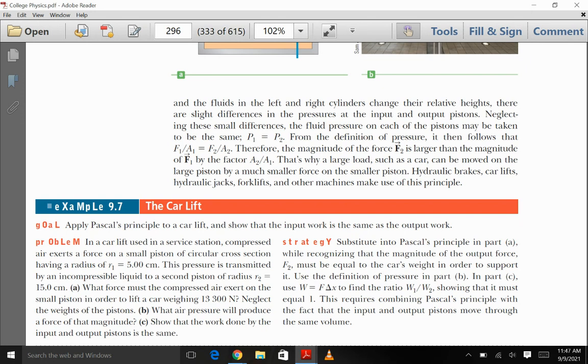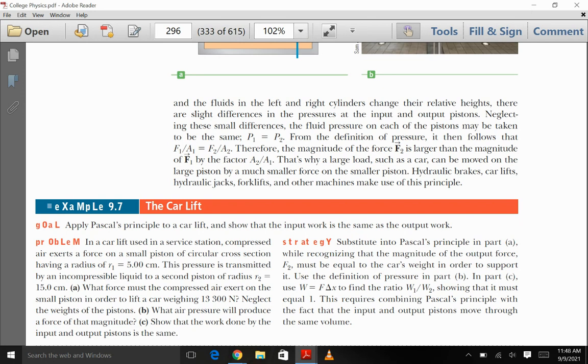Okay, so what force must... I think I've gone way ahead of myself. So this pressure is transmitted by an incompressible liquid to a second piston of radius R2, which is 15 centimeters.